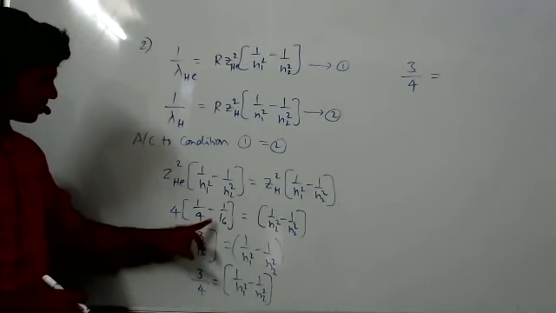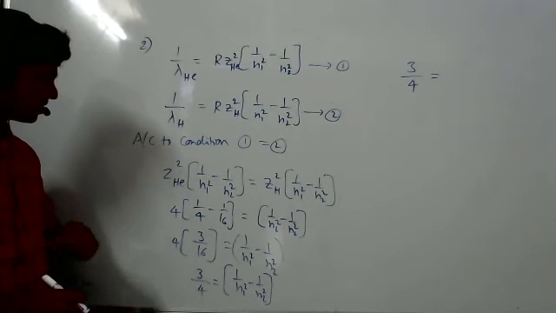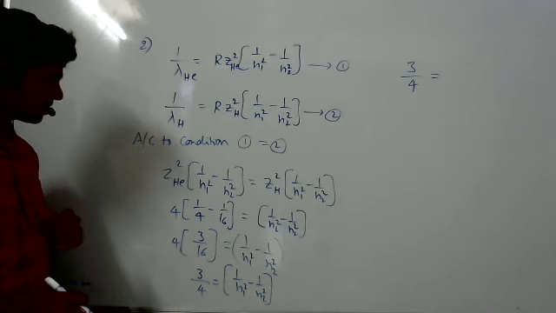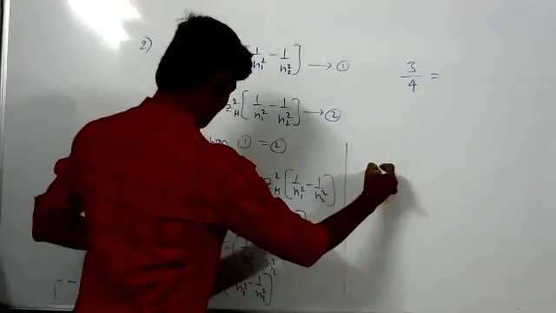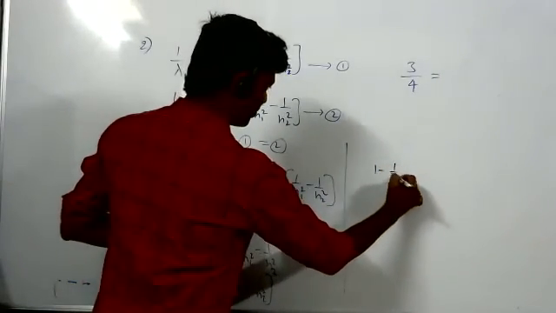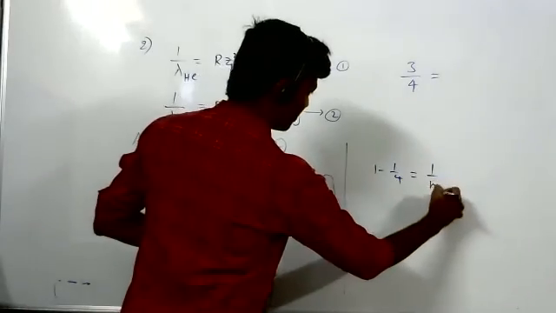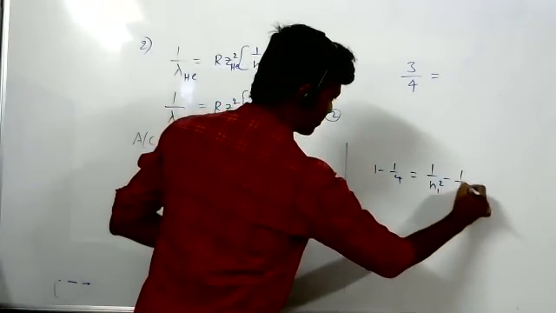Then we can equate it to 1 by N1 square minus 1 by N2 square. So 1 by N1 square would be equal to 1, and 1 by N2 square would be equal to 1 by 4. So this is equal to 1 by N1 square, and this is equal to 1 by N2 square, right?